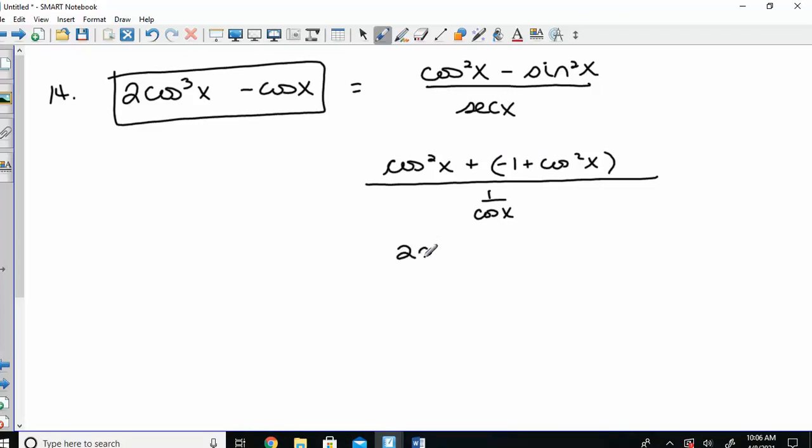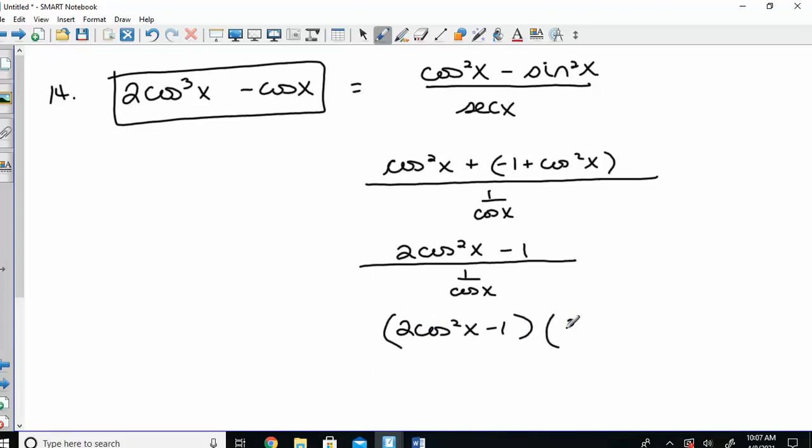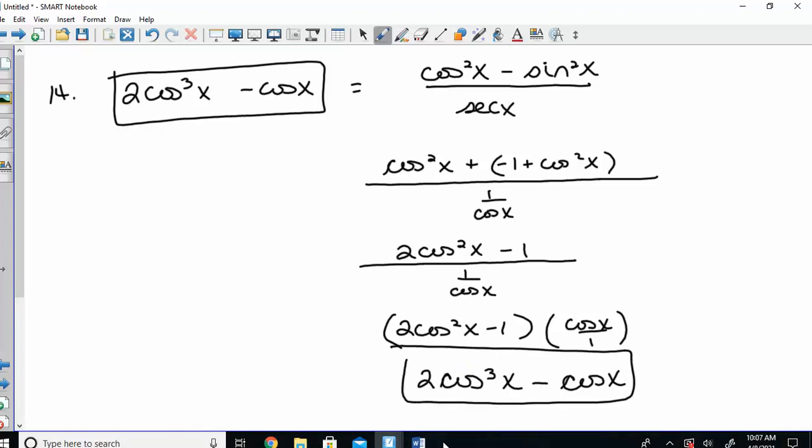So that gives us a 2 cosine squared x minus 1 divided by 1 over cosine x. How do you divide by a fraction? So that's times cosine x over 1. So if we distribute, we get 2 cosine cubed x minus cosine x over 1, which you don't have to have, and that's all we needed. We're done.